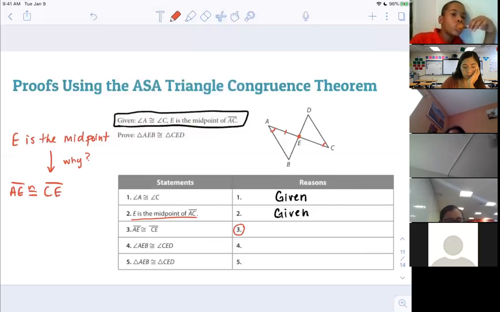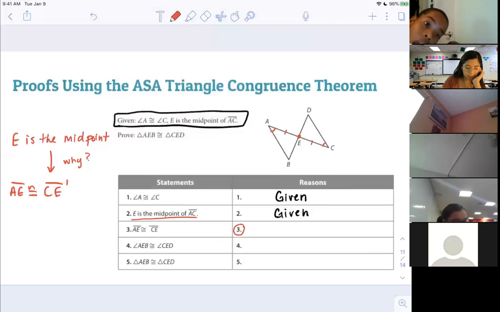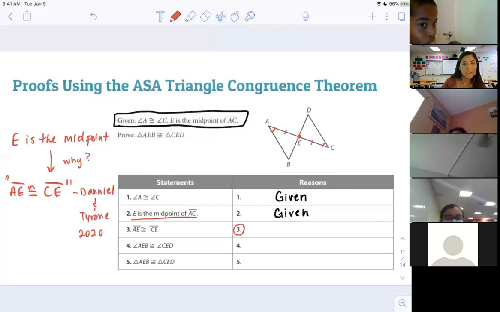Yes, but I only drew the mark because you told me to. Yes, because you told me that AE is congruent to CE. Daniel and Tyrone both said AE is congruent to CE. How do you guys know that?